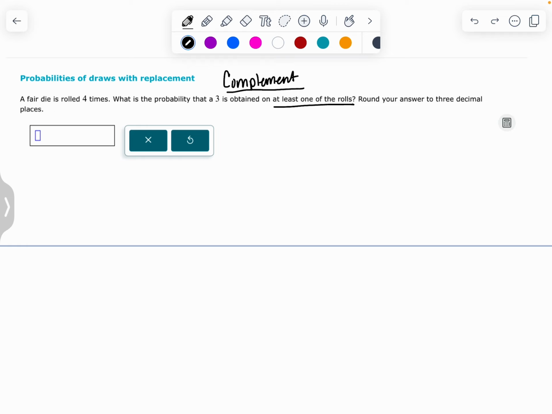And because of that, we need to start thinking about what's the other scenario. When would we not meet this requirement? And it would be when none of them have a 3. So what's the probability that there are no 3s?